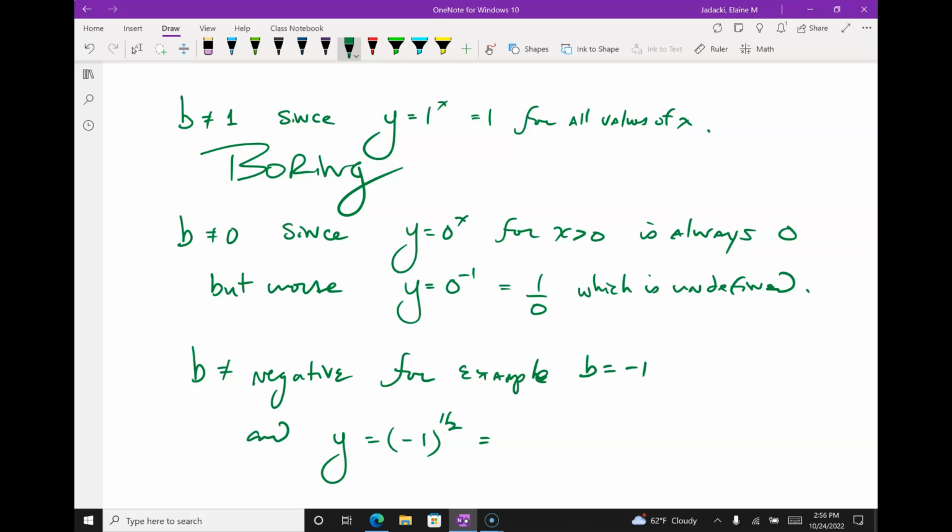What's a half power mean? Very good, square root. So I have a square root of a negative 1, right? Which is imaginary. So half power is essentially square root? Yep. We only want to deal with real numbers. This class does deal with complex numbers, but when we're talking about an exponential function, it should always be real valued.